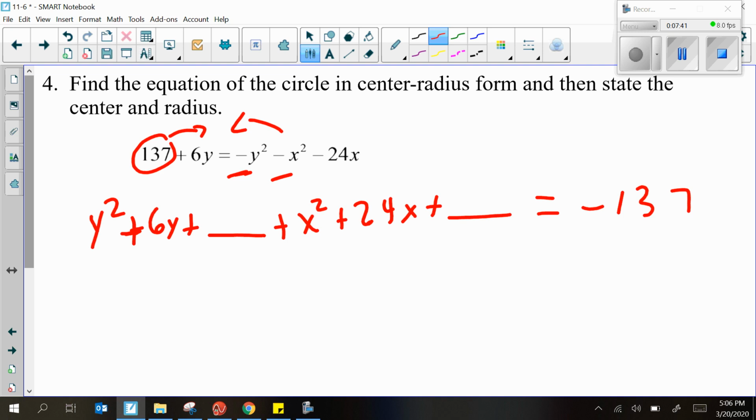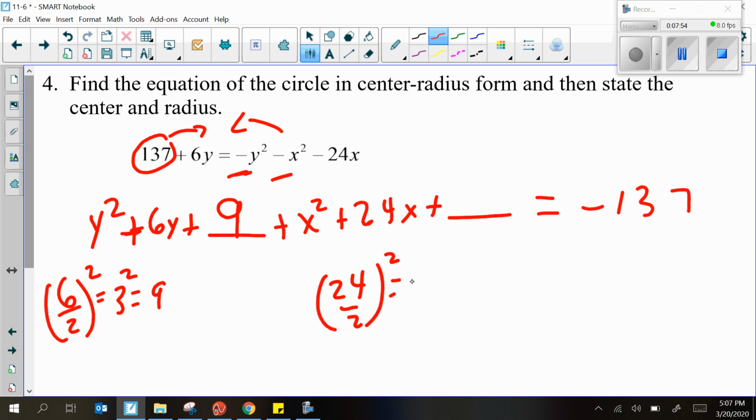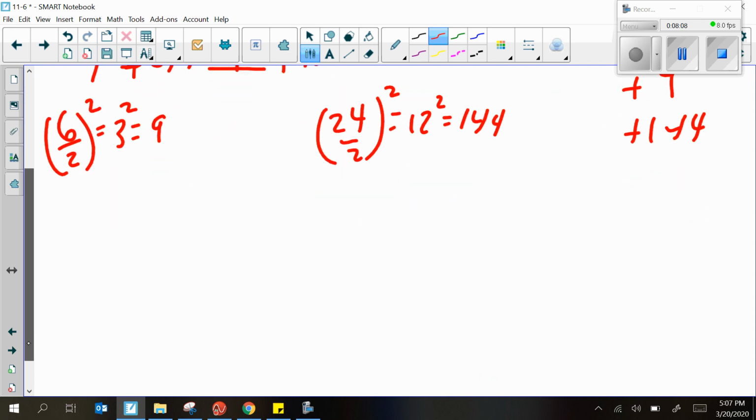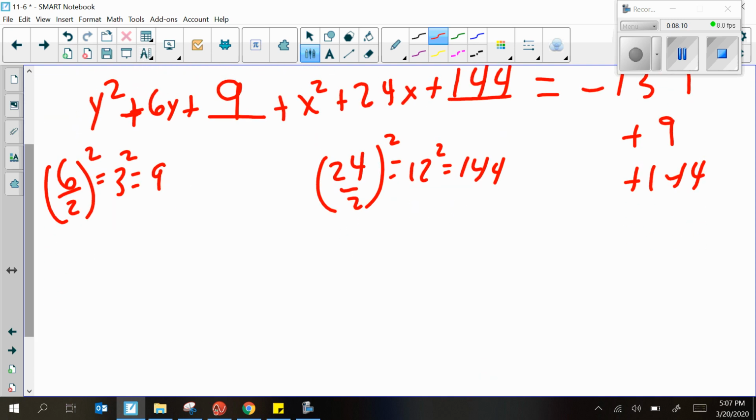And let's keep going. So now I'm going to take 6, divide by 2, and square. 3 squared is 9. And then 24 divided by 2 squared. That's 12 squared, which is 144. So I added the 9 and 144. Make sure you do that on the right as well. So when I add those together, I get 16.